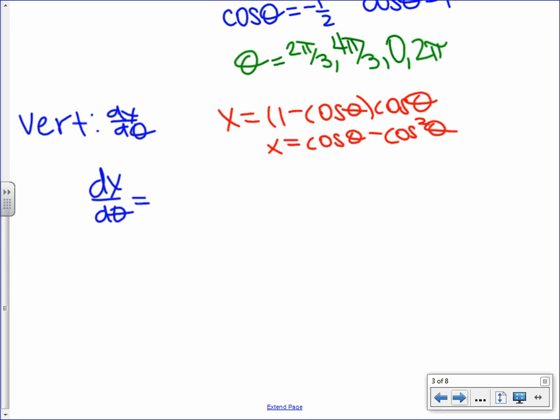It doesn't matter how we get there, we just gotta get there. If we distribute first, it probably will make this easier, because then there's no product rule, so we have negative sine theta minus 2 sine theta cosine theta. Plus another negative in that last part.